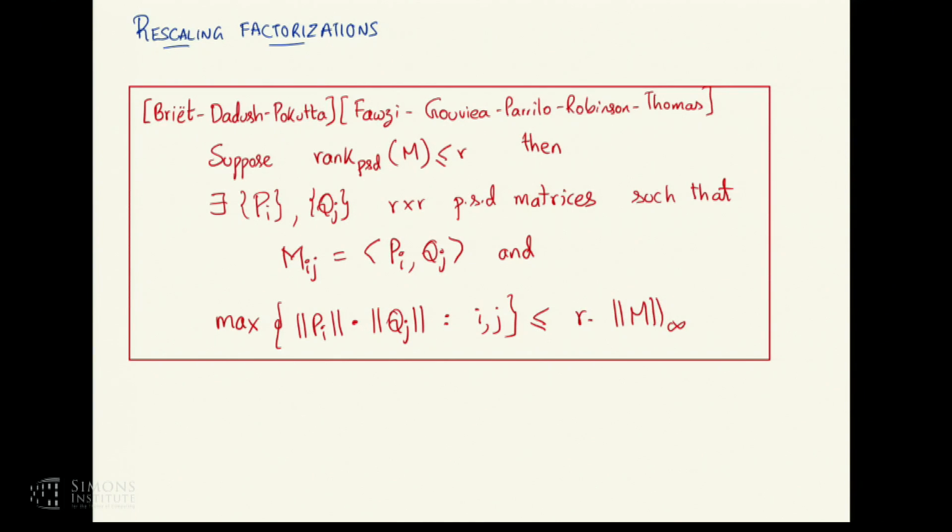It says that the spectral norm of P and Q is at most R. So you never need to use very large numbers in this. And what does this imply? This implies that now we can actually do some truncation and force the numbers to be small.